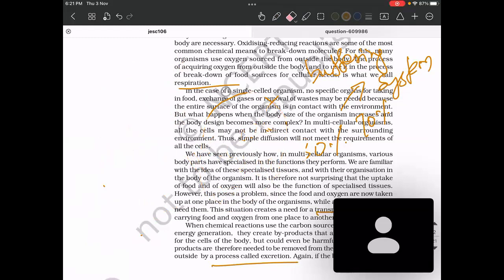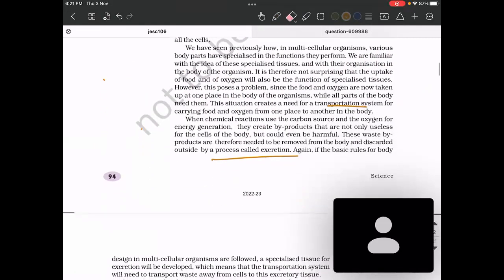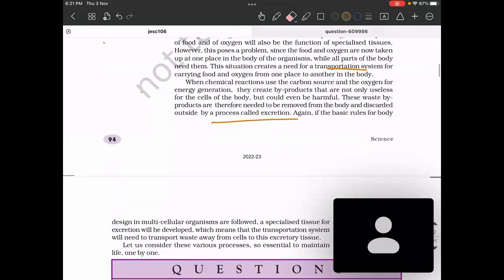If cells die, we will die too. One after another, all the cells will die, and then we will die finally. So that is why we say cyto means cells, and toxic means the cells are toxic to the substance called carbon dioxide. Cytotoxic. Can you understand? Yes, sir. Good.